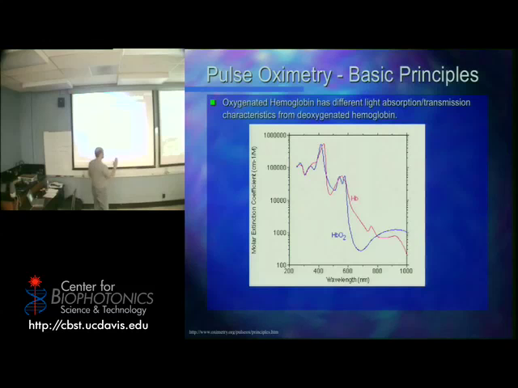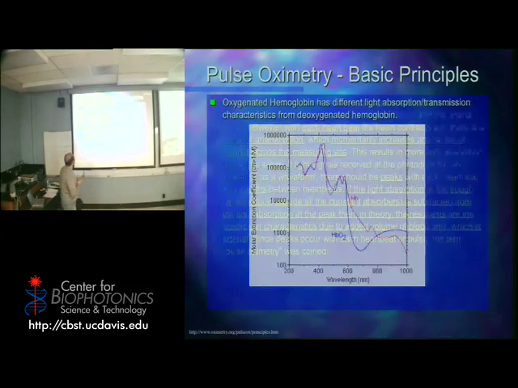So there's some variation here and there's some variation here. And what interesting thing happens between those two regions? Do you see anything interesting happening between this region and this region? It switches, they cross. And that's a key point that we take advantage of when we use this instrumentation.